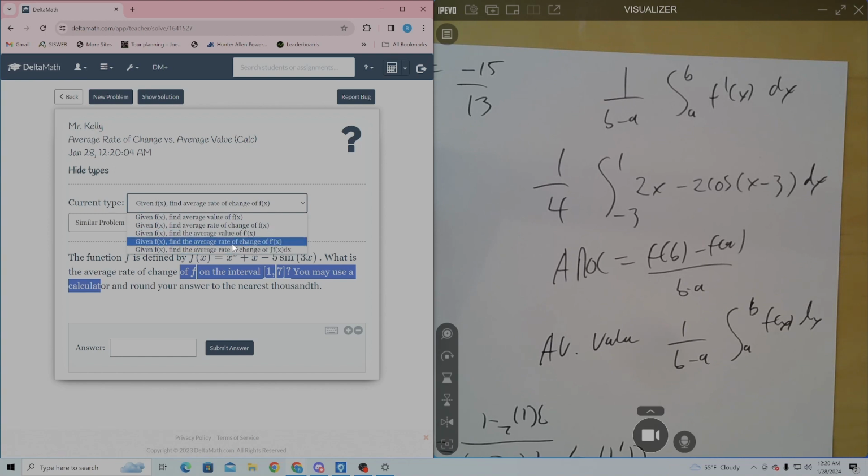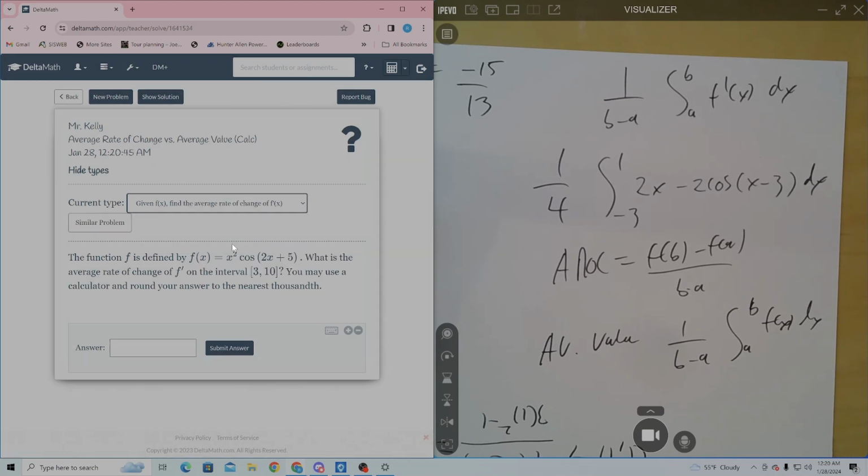These two I haven't gone over. This one is kind of similar to what I did. What is the average rate of change of f prime? You get the derivative of it, and then you plug these values into the derivative instead of plugging into f. So just make sure you pay attention to what you're taking the average rate of change of.